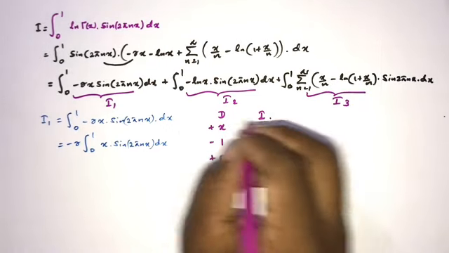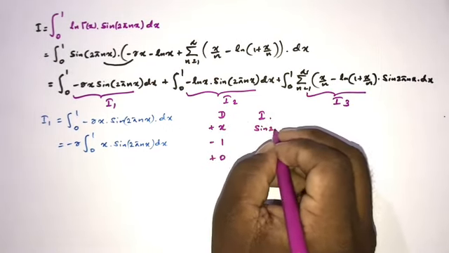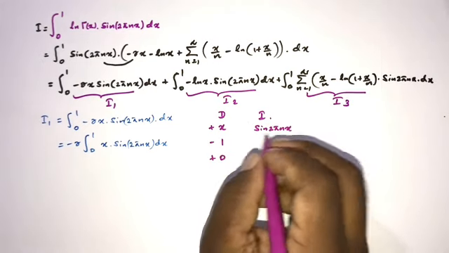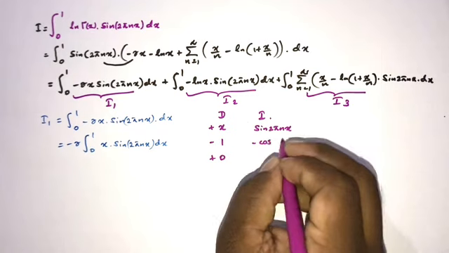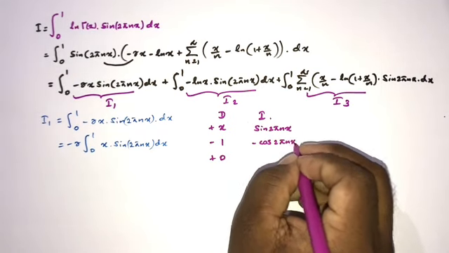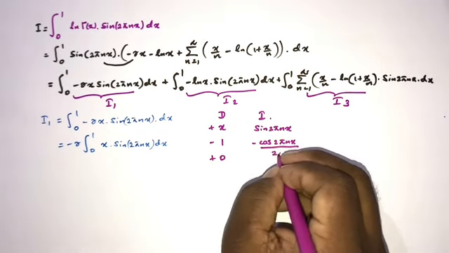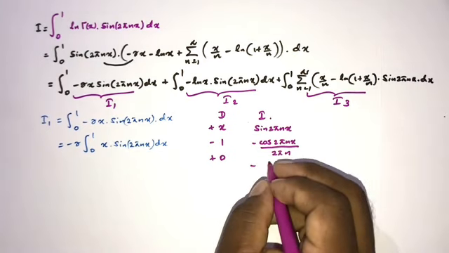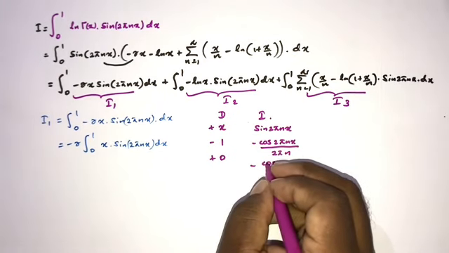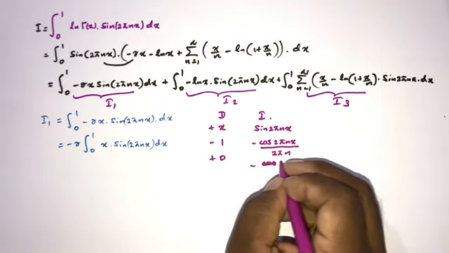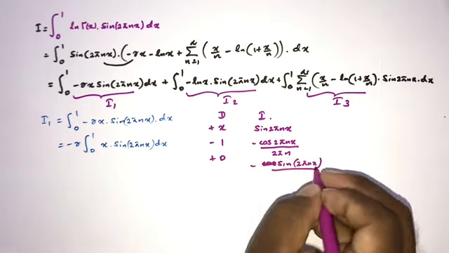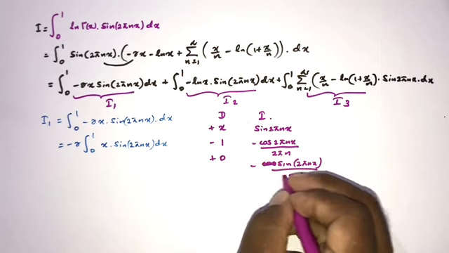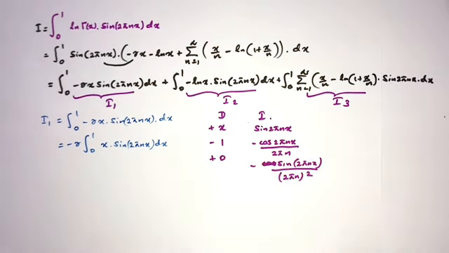So here we have sine of 2 pi nx, then integration gives minus cosine of 2 pi nx over 2 pi n, then minus sine of 2 pi nx over 2 pi n squared.